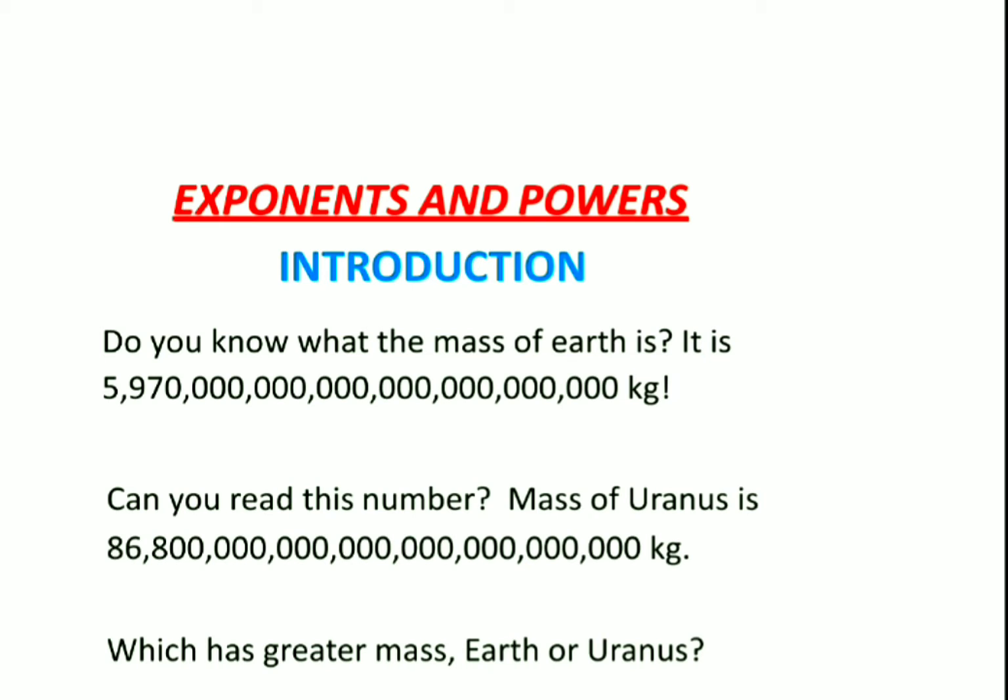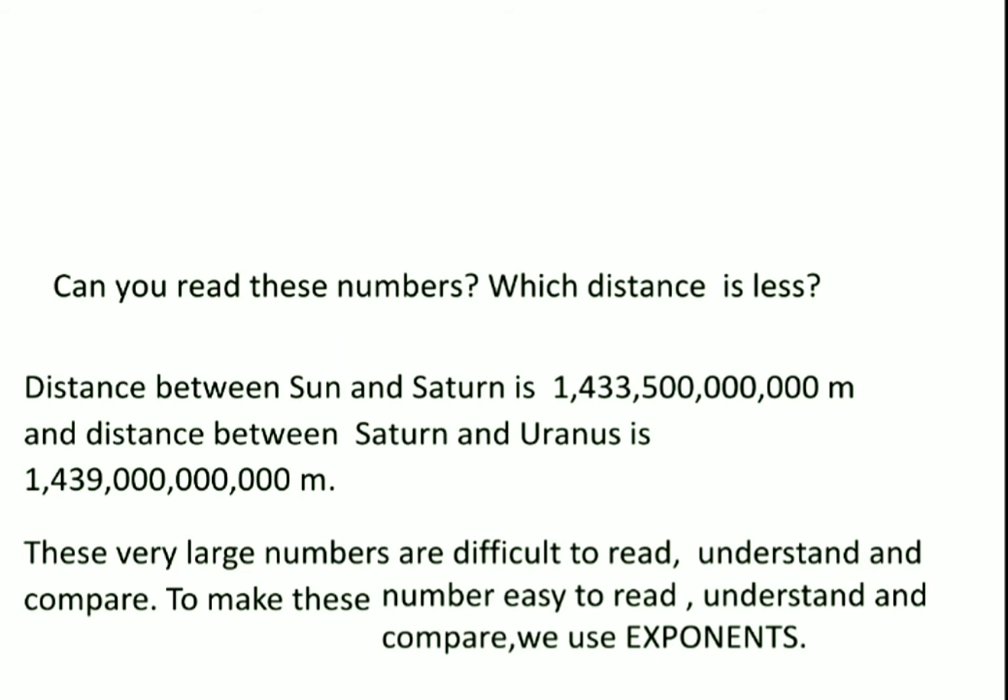Again a number is written in kilograms, and it is difficult to read. If someone wants to compare the mass of Earth and Uranus, we are not able to compare them easily. These are very large numbers which are difficult to read, to understand, and to compare.